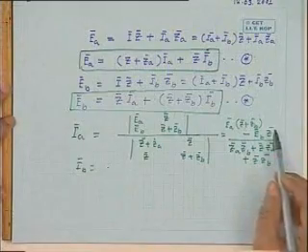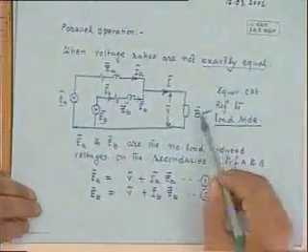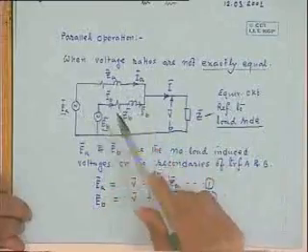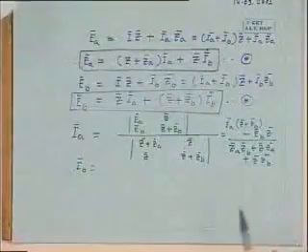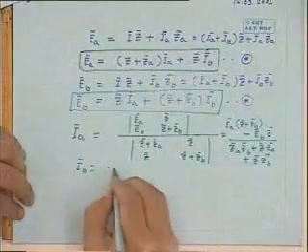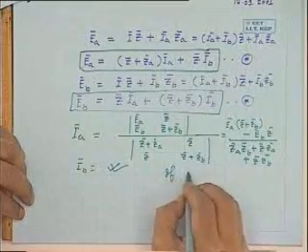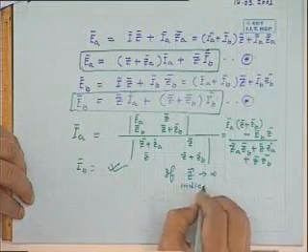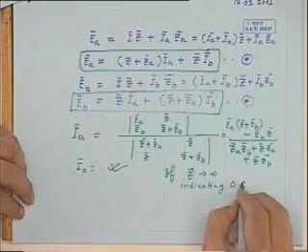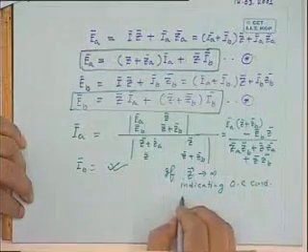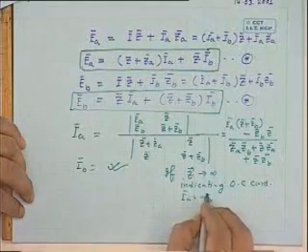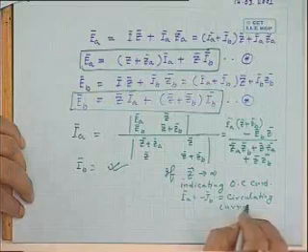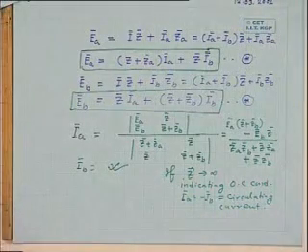The only thing you can show is that as Z tends to infinity, that is when the transformer is under no load condition, indicating the open circuit condition, IA bar will be equal to minus IB bar, and they will represent the circulating current in the transformer.